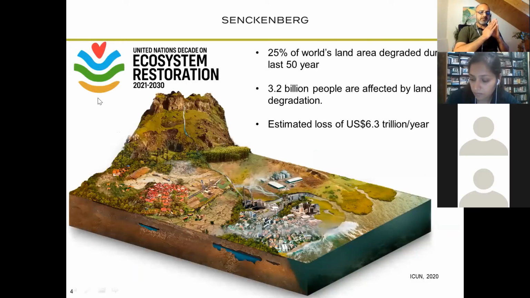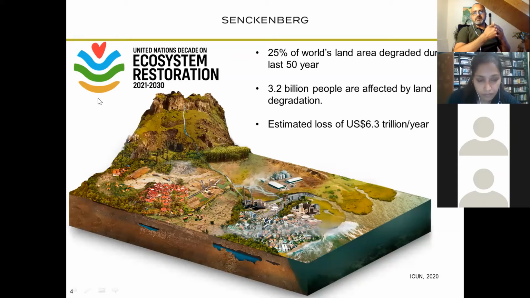So this is a very nice infographic, again coming from IUCN, where we see that we have basically destroyed every ecosystem, right from the top of the elevated mountains to the sea level. We have a huge human footprint on all these ecosystems.